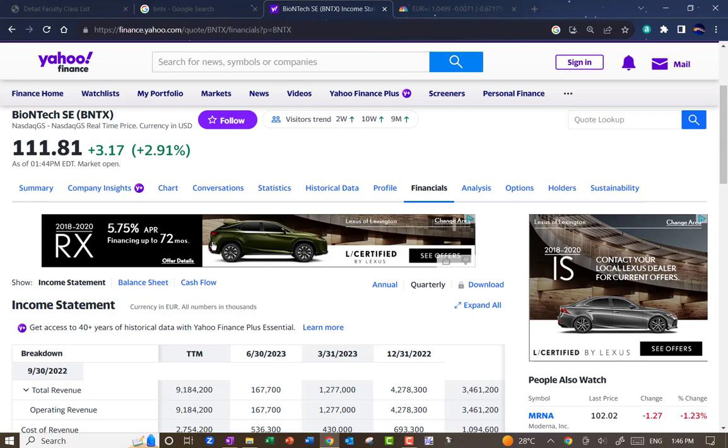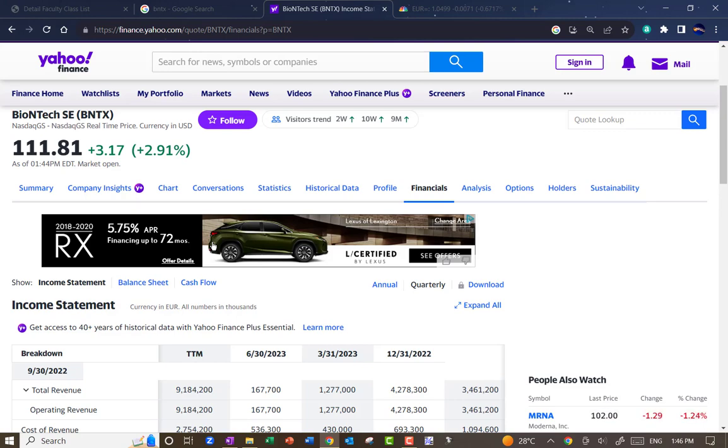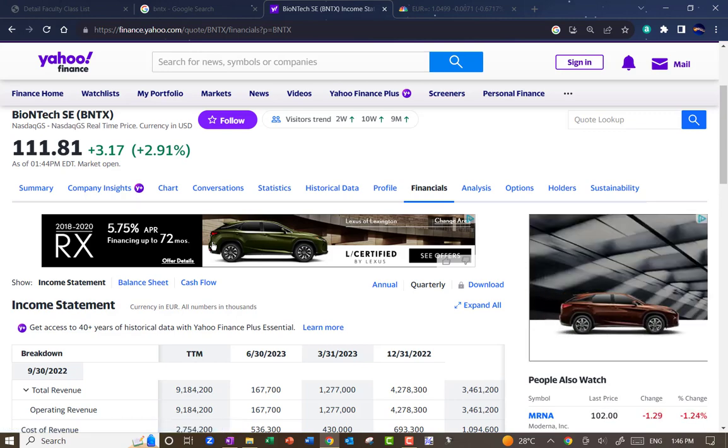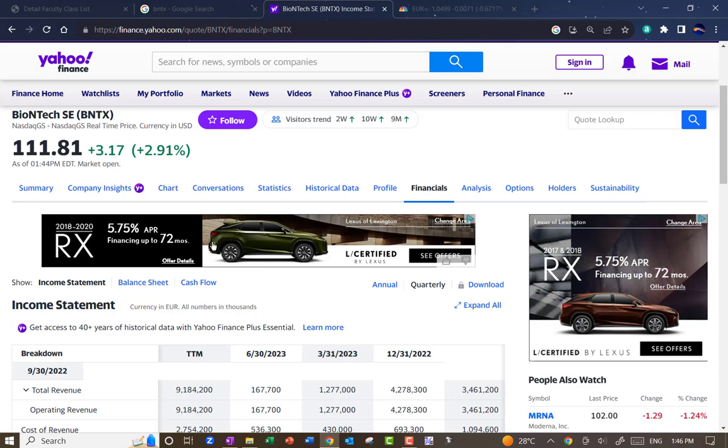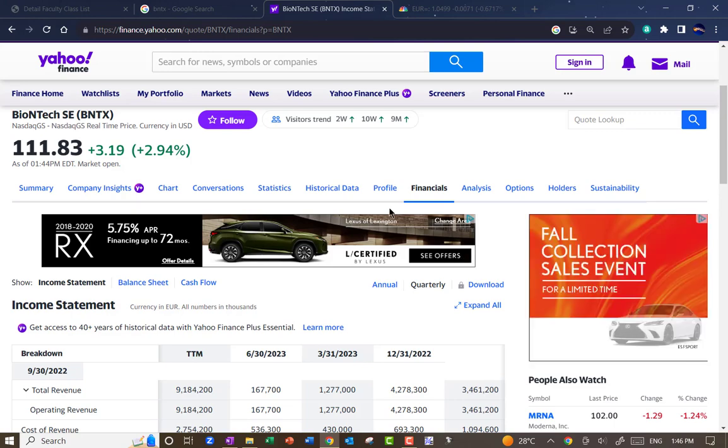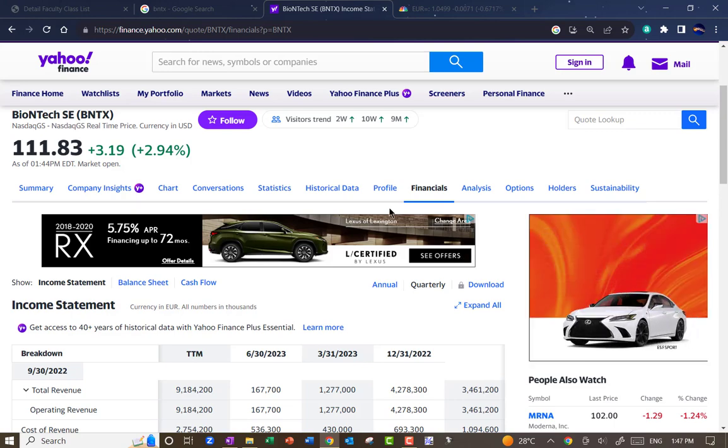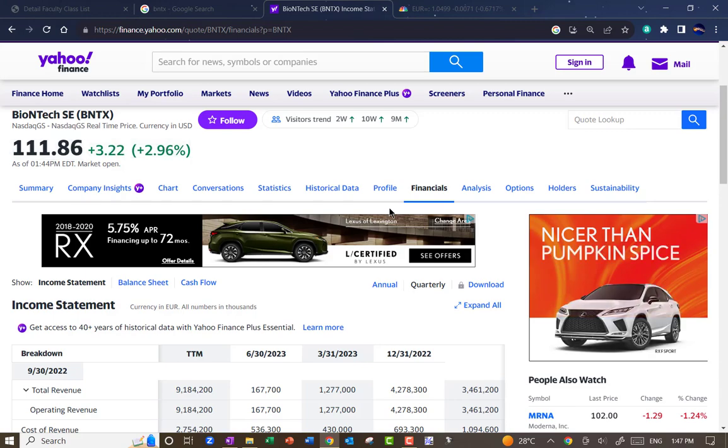Most of Moderna's sales are in the United States. I mean, they do some sales outside, but not as much. But BioNTech, being a German company, they actually are pretty big in Europe, and they were smart enough to get an alliance with Pfizer for distribution here, so they're also big here. So when the euro depreciates, what happens to BioNTech versus Moderna?